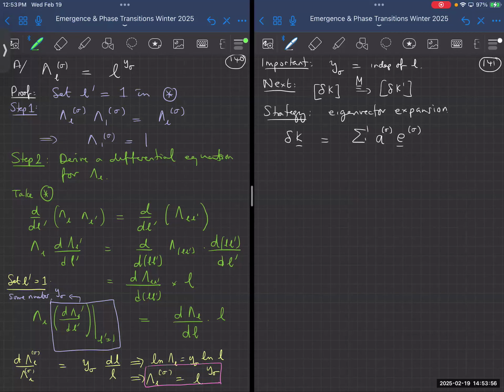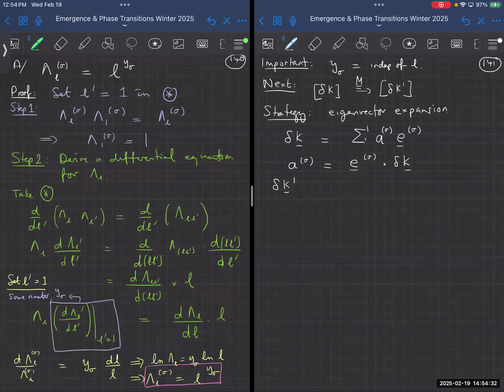And if I want to know what A sigma is, I am going to assume that everything is symmetric, so I can just take the dot product with delta k, and so A sigma is just the dot product of E sigma with delta k. Just like you do in the expansion method in quantum mechanics, we do that.